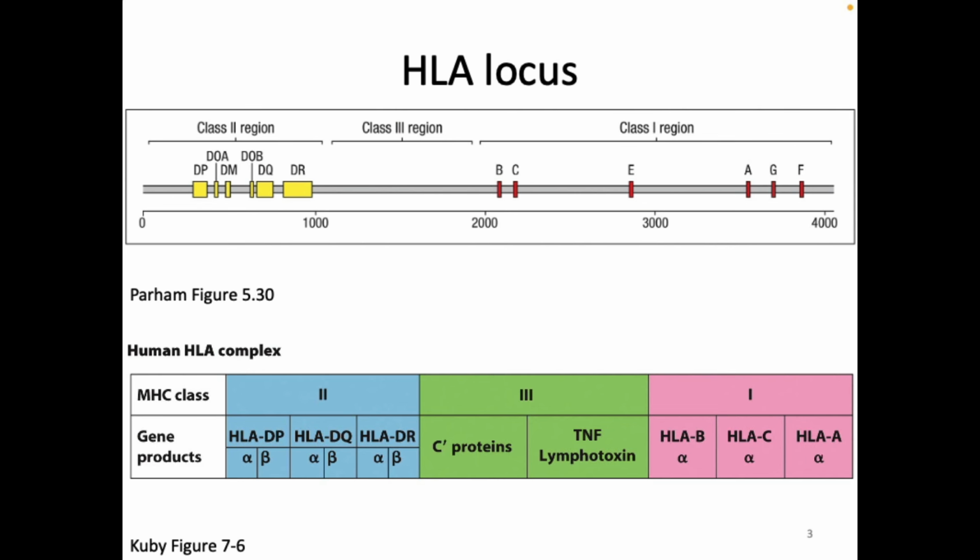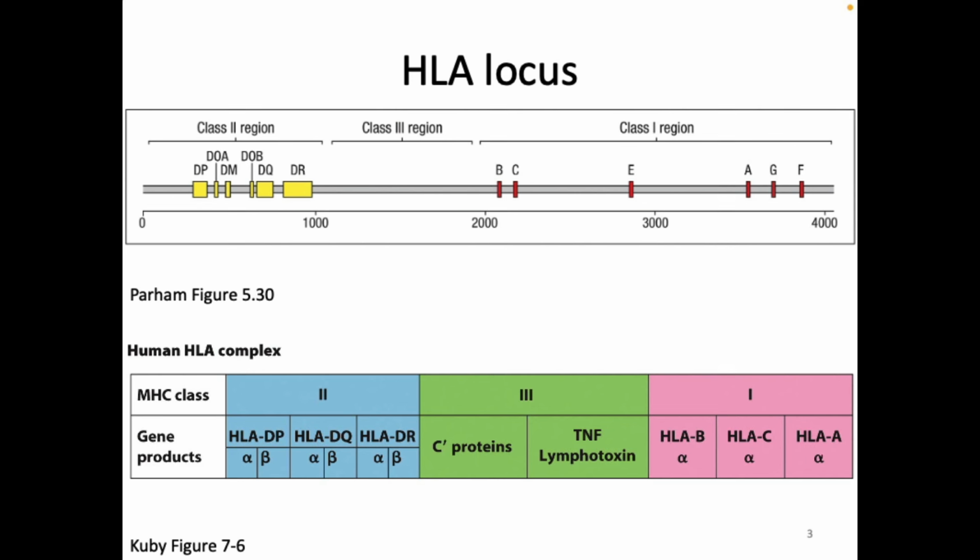I told you last time that we've got the class 1, class 2, and class 3 regions of the genome, all on human chromosome 6. The class 3 region encodes some other proteins of immunologic importance that I'm not going to say a whole lot about. But the class 1 region encodes the class 1 MHC proteins, and the class 2 region encodes the class 2 MHC proteins.